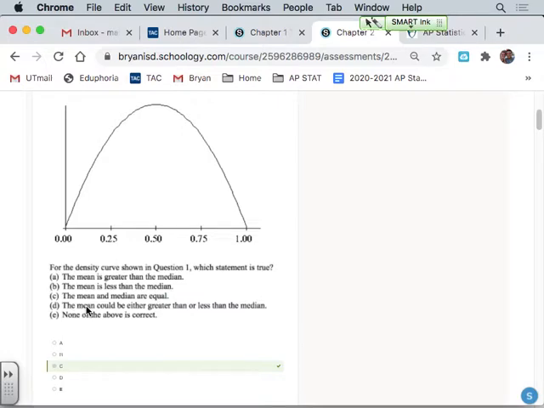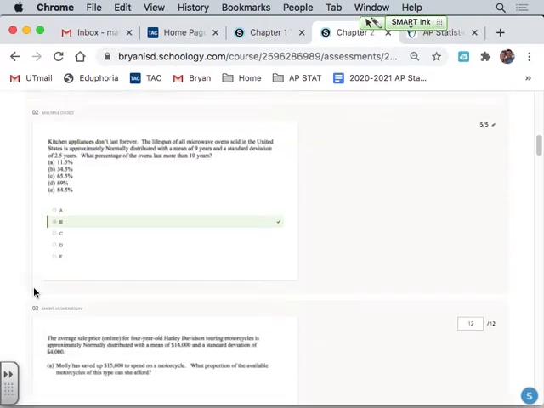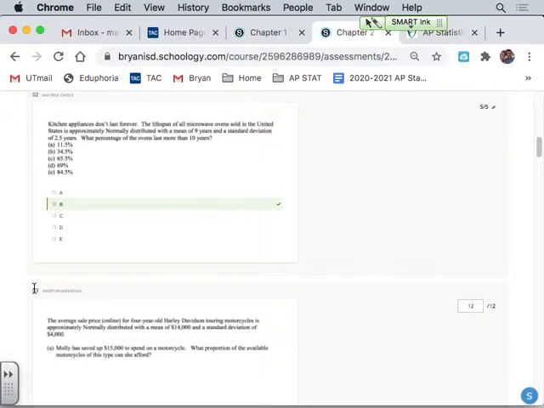Which one's greater, less than the median, whatever. So this data is symmetric. This is symmetric data, and so on symmetric, the mean and median are equal. So it should have been C, the mean and median are equal. Just knowing symmetric, those are equal. So yeah, that one's pretty straightforward.